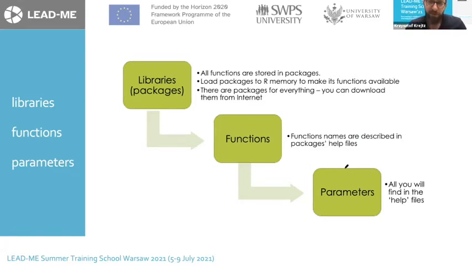Where are the functions? And when you download R, it has plenty of functions in it already. But R is built as a community language. So let's imagine that Miroslav has an idea for making some fancy statistics for tourism research.